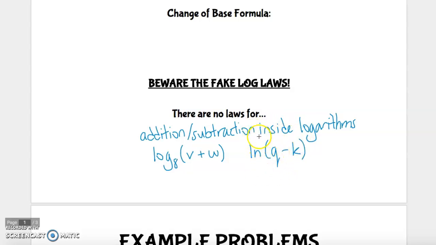It's the same way that when I ask whether you can distribute when you have addition or subtraction, you would say no. For a logarithm, it's the same. Can I simplify this anymore? No, because I have addition or subtraction happening inside of my logarithm. Addition or subtraction makes the math harder or less simple.